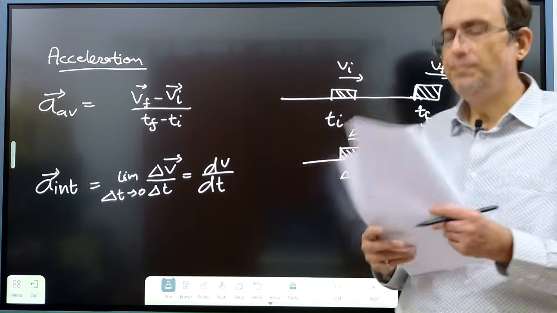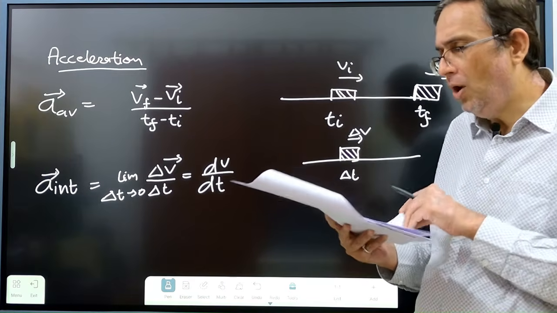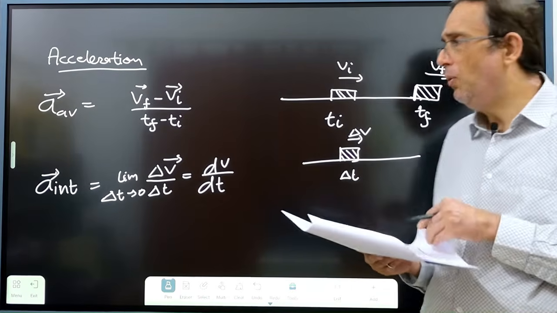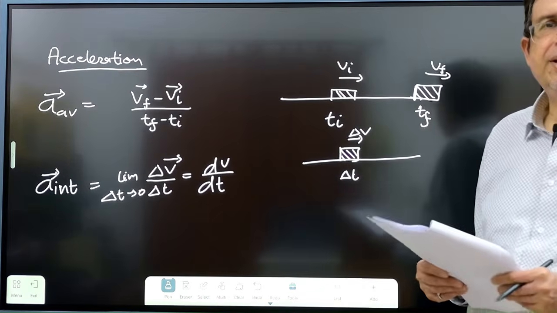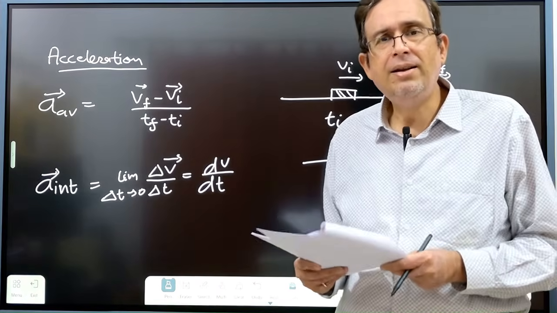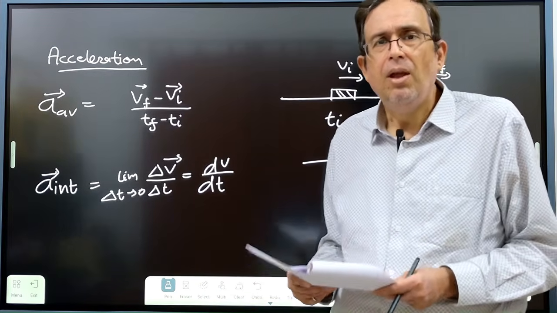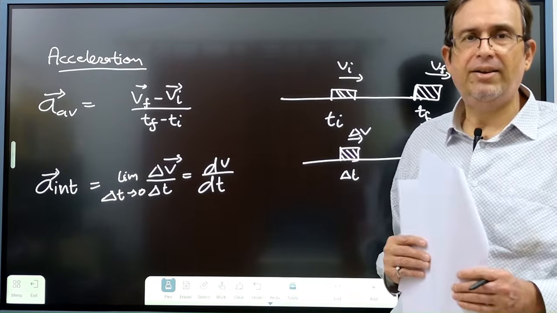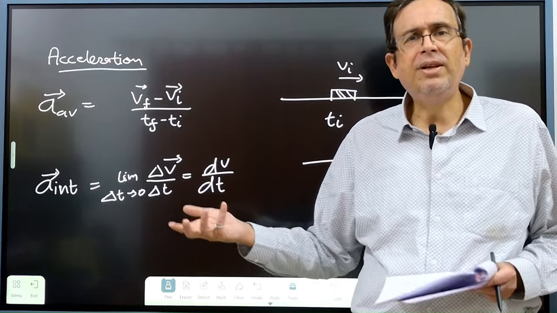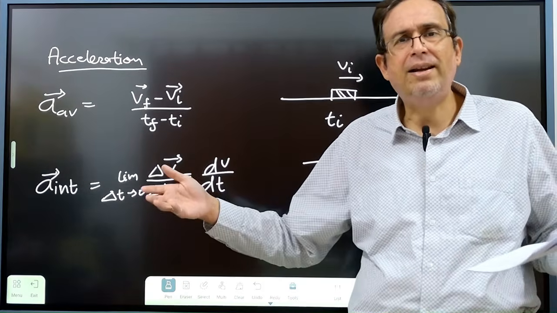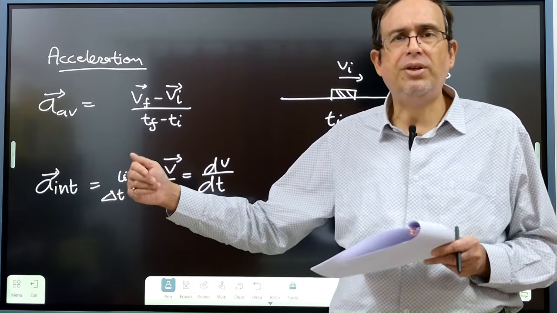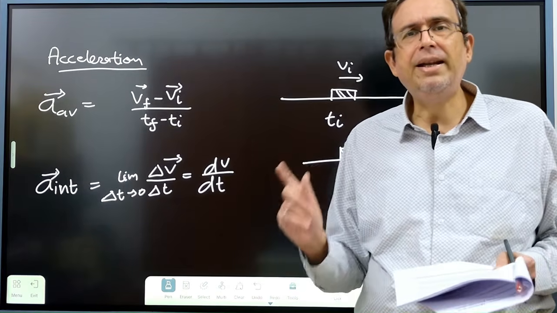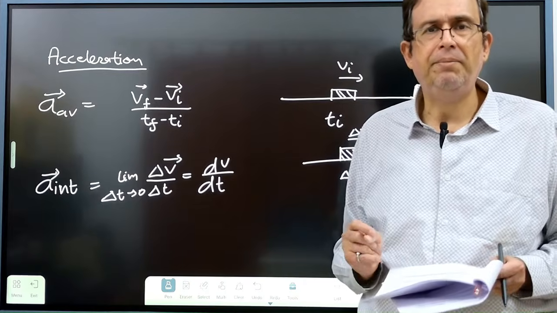Let us talk about uniform acceleration for the time being. In that case the acceleration is not changing with time, so the average acceleration is equal to the instantaneous acceleration, because whatever acceleration is there over the total duration of the motion of an object is also the same as the instantaneous acceleration at one particular time.